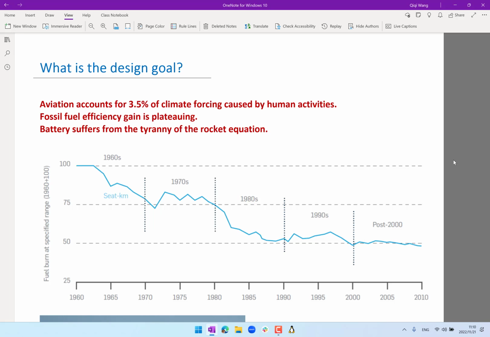But then it seems like although we are still putting tremendous amount of effort into making airplanes lighter, more efficient, making the jet engines also more efficient, higher bypass ratio and everything, the amount of return per unit of effort has been plateauing.